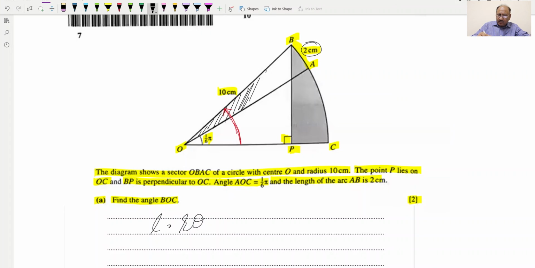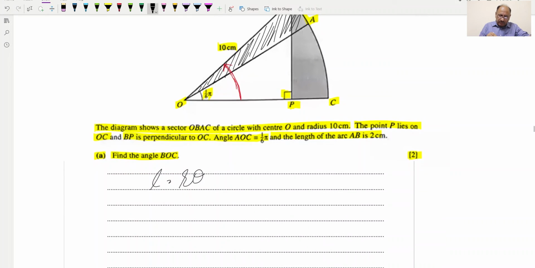L is 2 and R is 10, so theta will be equal to 2 over 10, which is equal to 1 by 5, and this is in radians. So 1 by 5 radians.